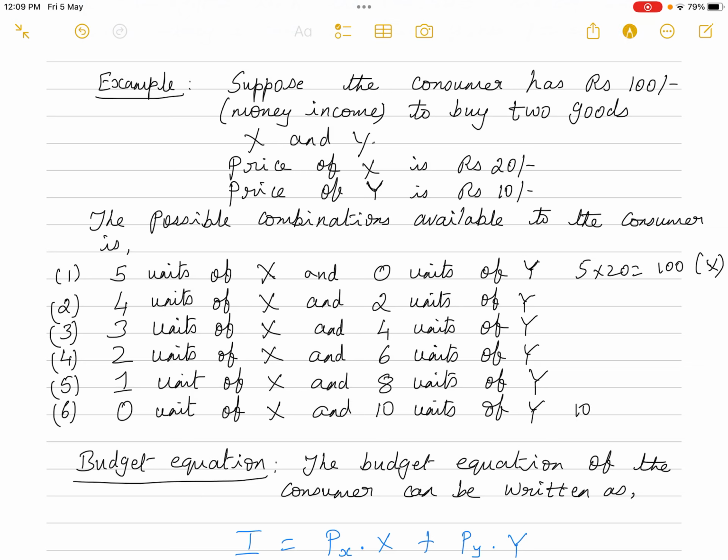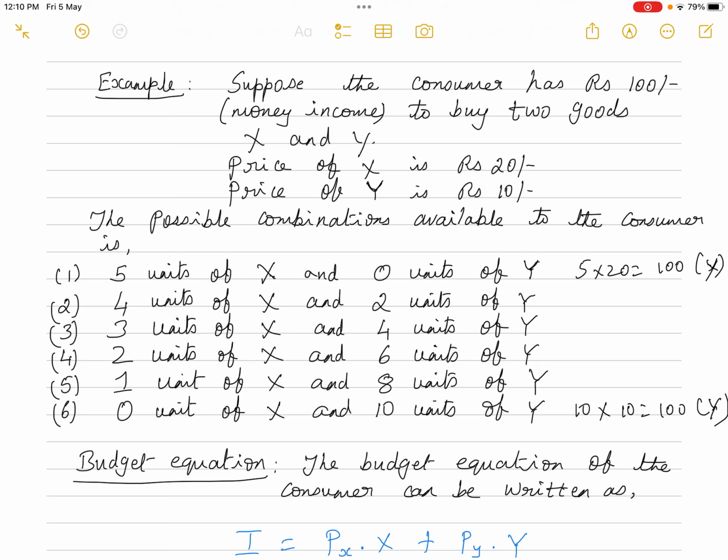He can purchase 10 units of commodity Y, because 10 into 10, his entire money income will be spent on commodity Y. So in this case, he will not be purchasing any unit of commodity X, and in the first case he will not be purchasing any unit of commodity Y. So these two are the extremes. But our rational consumer wants to consume both commodity X and commodity Y. So under those circumstances, what are all the combinations available to him?